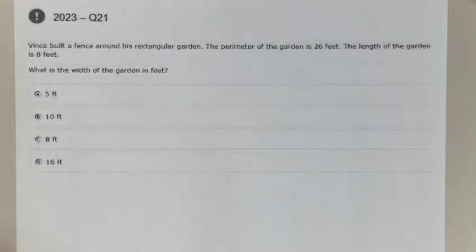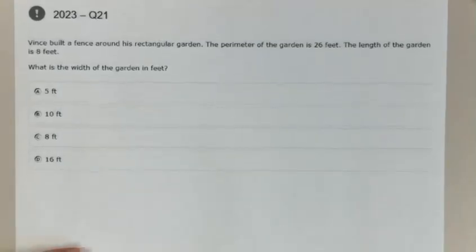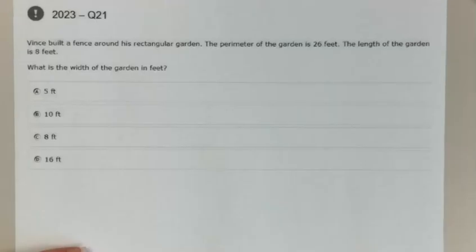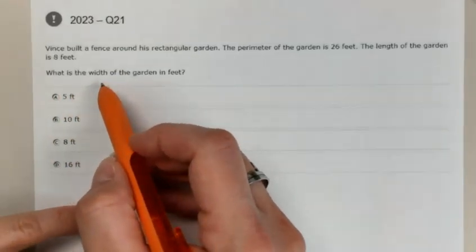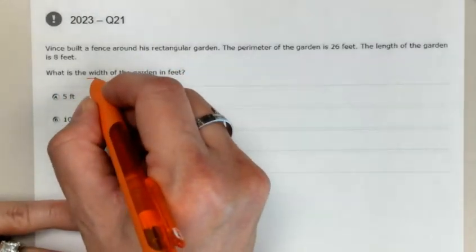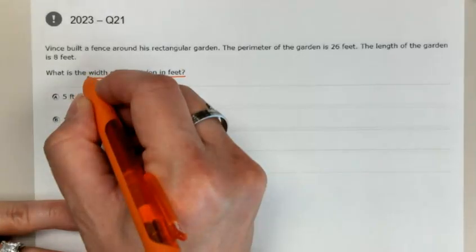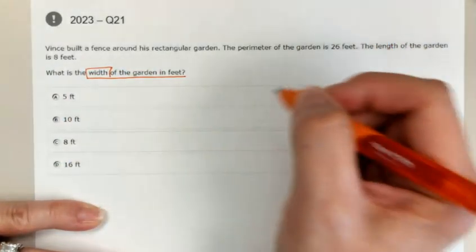Today's Ask Klein Math video is going to be over a third grade STAAR release question from 2023. So let's go ahead and read our question sentence. What is the width of the garden in feet? So I'm looking for the width of a garden. Width is that key math word.